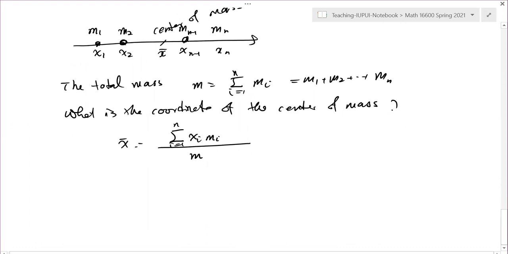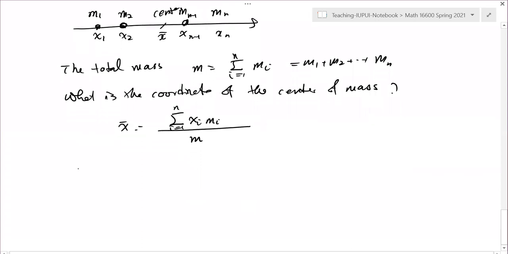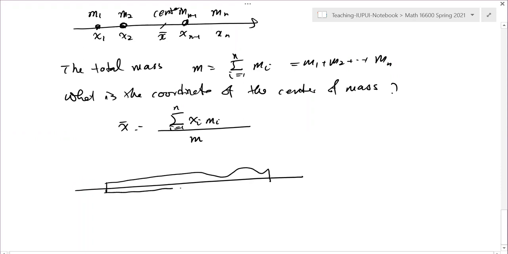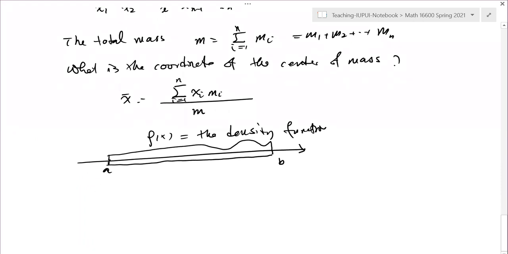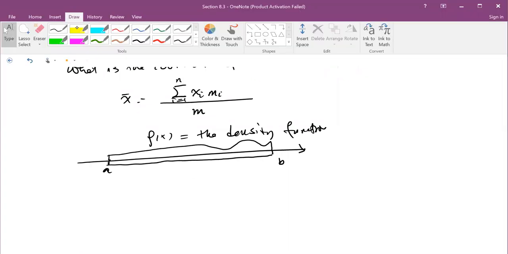Now, this is for discrete points. If you have a density function, for example, you have a piece of material that looks like that, and rho of x, for x from a to b, is the density function. Then how do we find the center of mass?